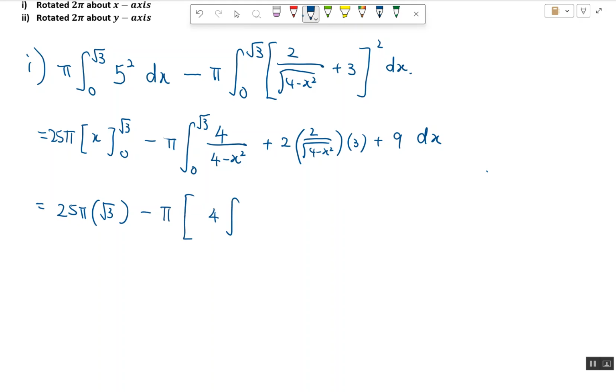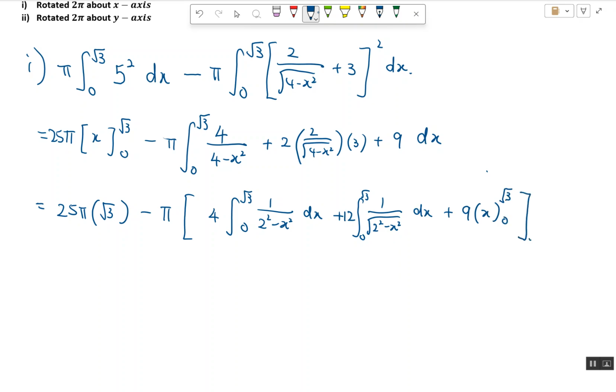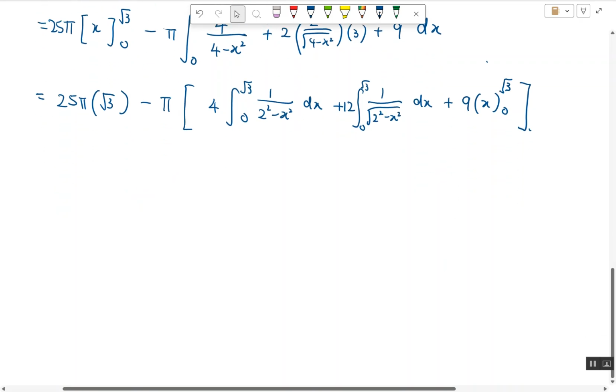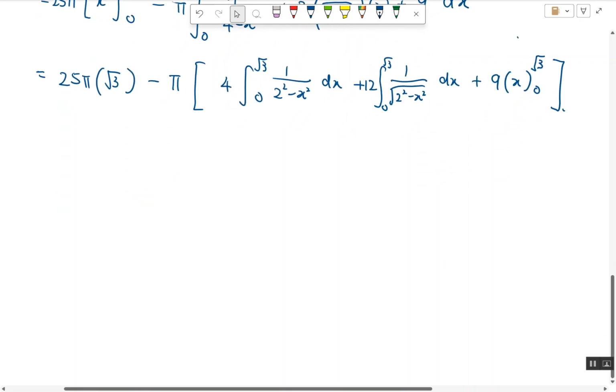So take out the 4, integral from 0 to root 3, 1 over, I will always put it as 2 squared already, minus x squared, dx, plus integral, take out the constant, 2 times 2, 4, this is 12, 1 over square root of 2 squared minus x squared, root 3 and 0, dx, plus 9x, which I integrated already for this, okay? On the inside. Brackets are so important. The reason why you are always careless is because you are not very careful with brackets.